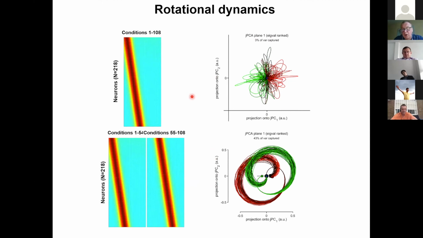So I wondered why I'm not getting these rotations here. This is strange. Maybe some matrices get badly conditioned or something like this. So what I did was split the population in half, making the wave in half of the neurons start early, and in the second half the wave activity started with a shift.